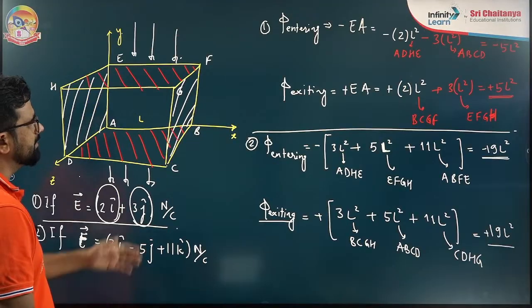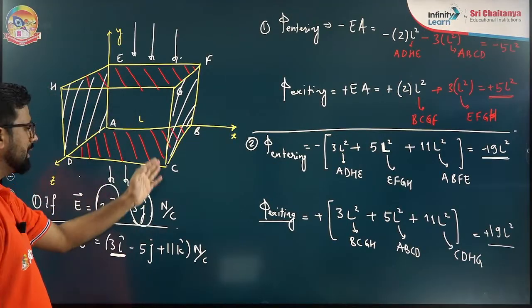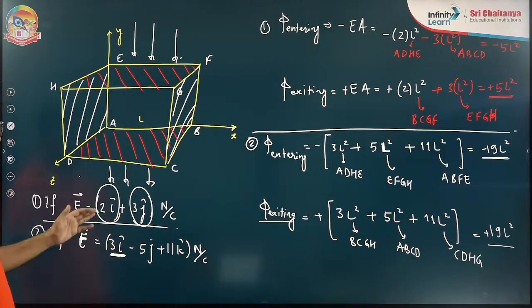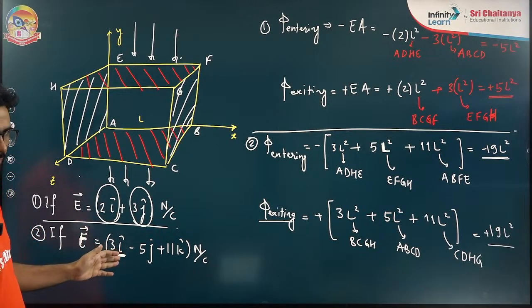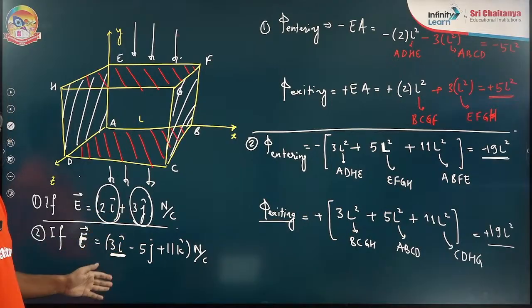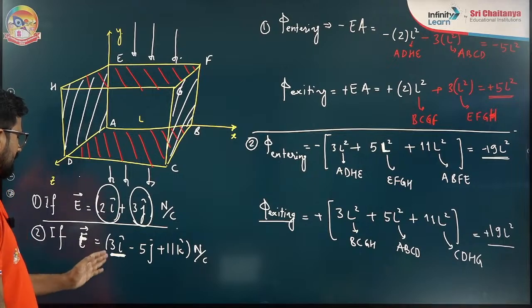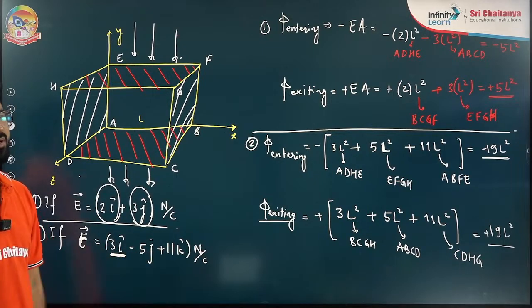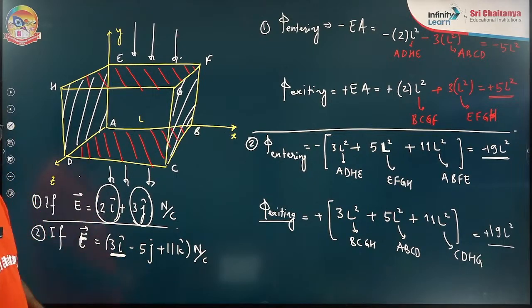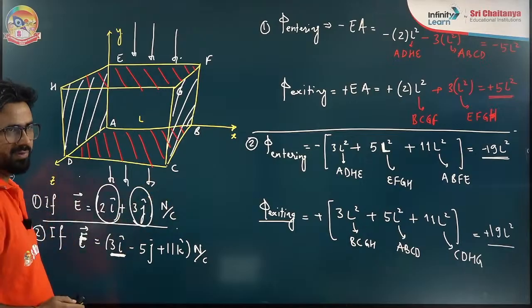The very first concept was related to this problem, where I had taken the electric field as a constant value, not variable, like 3i cap plus 2j cap plus 3k cap, or 3i cap minus 5j cap plus 11k cap. We solved this question with a constant electric field.